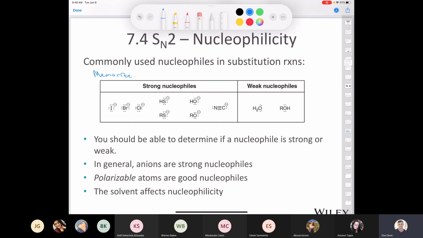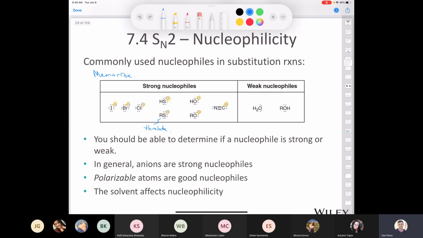Anyhow, so strong nucleophiles. Now, if you're like, I hate memorizing stuff, well, you probably notice right away that everything that's a strong nucleophile has got a negative charge on it. So that's kind of helpful. Everything that's a strong nucleophile has got a negative charge, whether it's iodide, bromide, chloride, hydrosulfide, a thiolate, a hydroxide, an alkoxide, a cyanide.